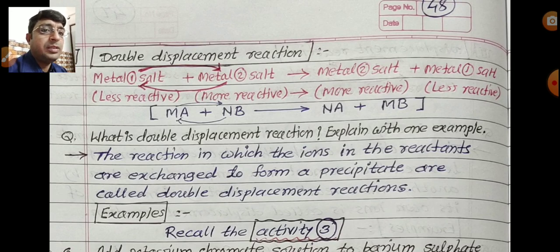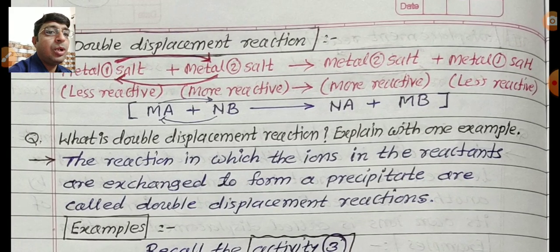Metal 1 salt reacts with metal 2 salt. First type of metal and second type of metal. The first metal is less reactive. The second, metal 2, is more reactive. So the more reactive metal and the less reactive metal exchange their places. So what happened? What type of product is formed? Metal 2 salt is more reactive and metal 1 salt is less reactive.